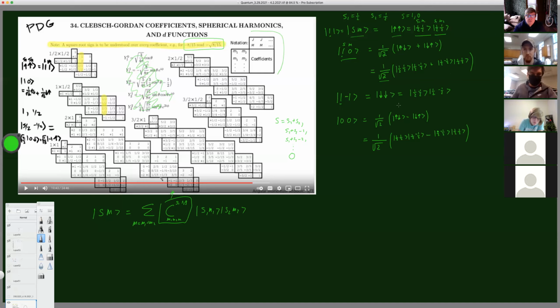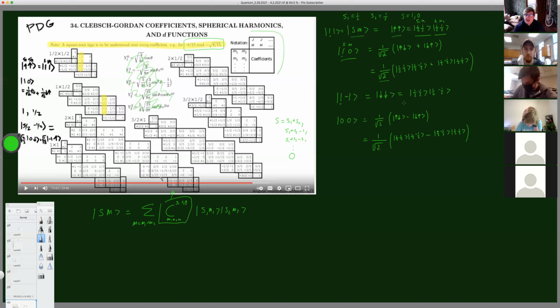Can you just tell me what part of this giant figure I put up here is where I would look for the spin 1/2 plus spin 1/2? Is it big enough? I don't see where S equals 1/2 is on this table.